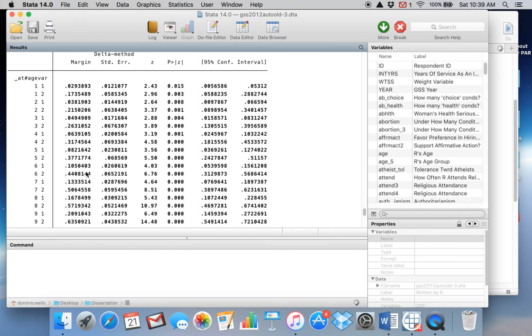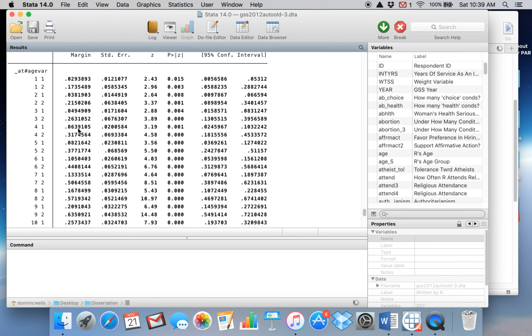And as we scroll down, you can see that we have the same kind of pattern here. We get the probability for people under 30 with the same amount of education as the probability of people over 60 with the same amount of education. And you can see the differences between the two.